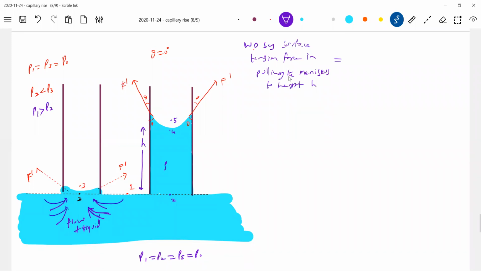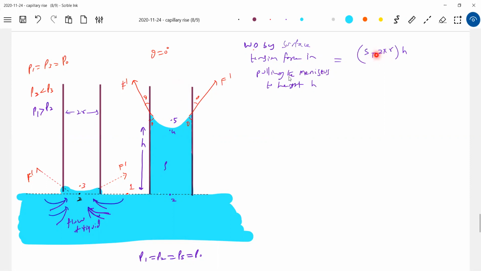What shall I write here? ST into 2 pi r, where r is the radius of the capillary tube, into h. What is ST into 2 pi r? It is the force due to surface tension. Because the force due to surface tension will act at the meniscus, no? Theta equals 0, so that force will be acting vertically up.